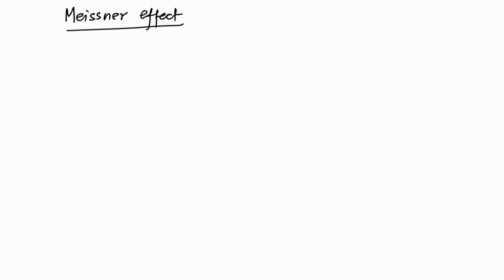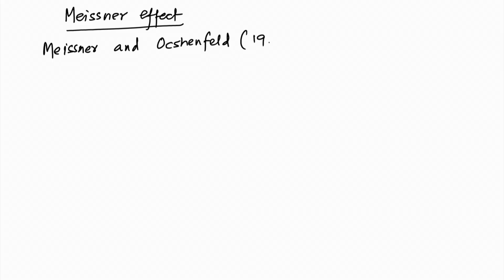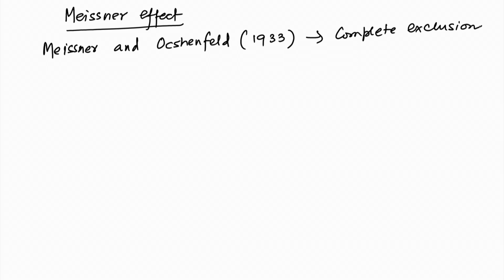It is usually known as the Meissner effect, but it is also called Meissner and Ochsenfeld. In 1933, they discovered that there is a complete exclusion of the magnetic field lines.